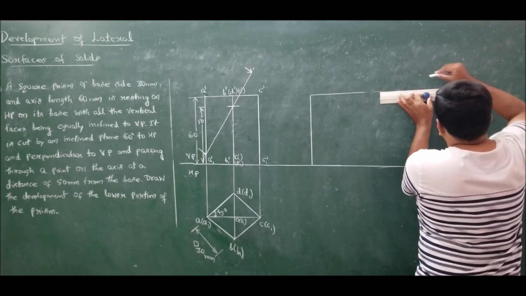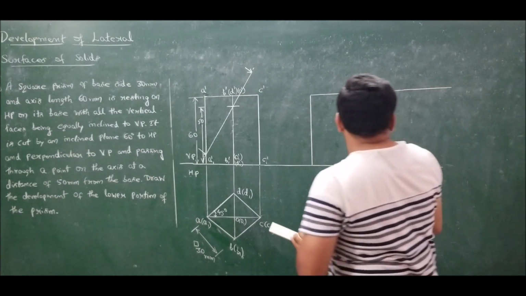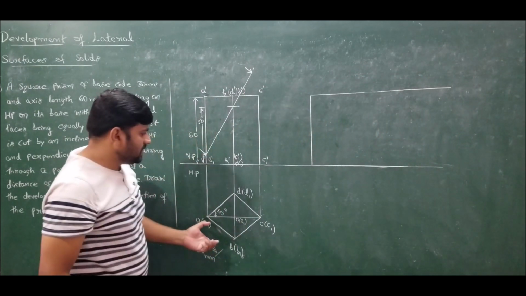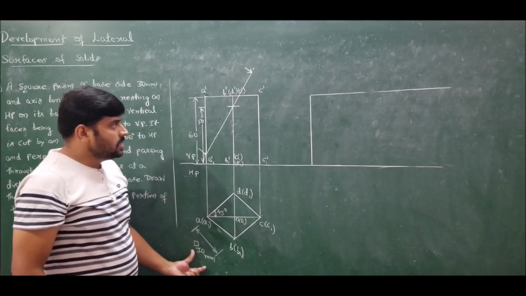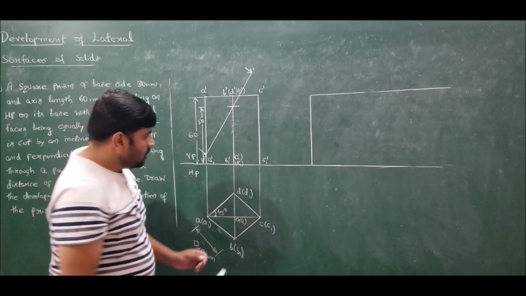We have 4 faces, side length is 30. So therefore 4 faces of dimension 30 will yield us 120.